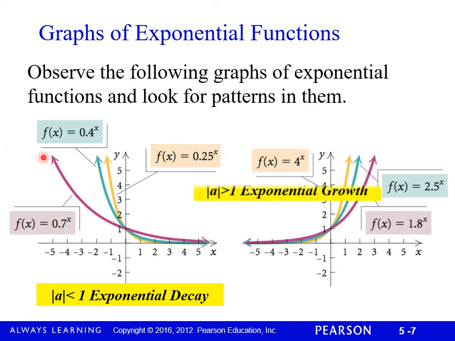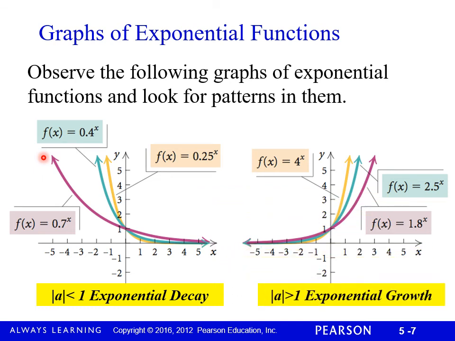On the right here we have a group of exponential growth models. And as we can see here, the larger the base, the steeper the curve, the function, the y value is growing faster as well. And that makes sense, right? 2 squared is 4, but 4 squared is 16.